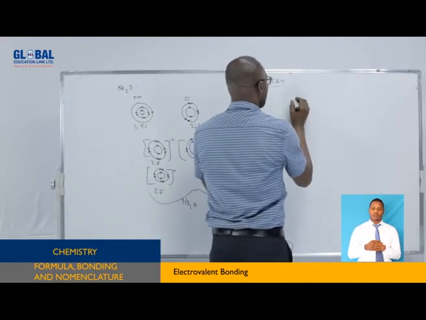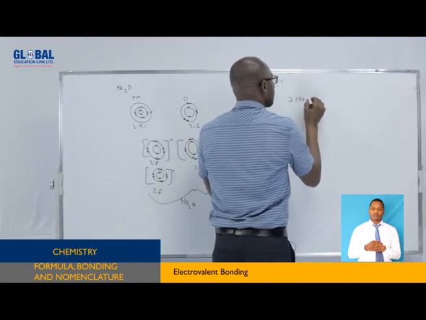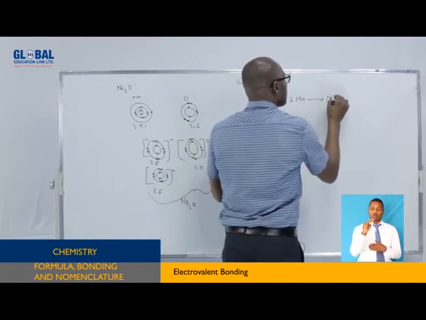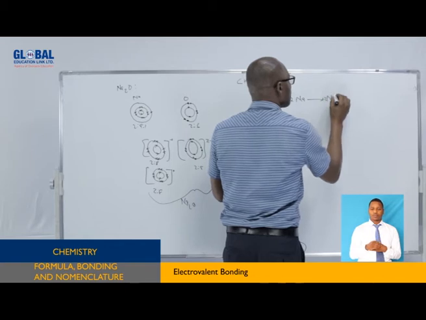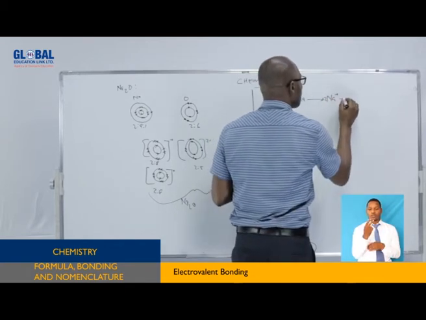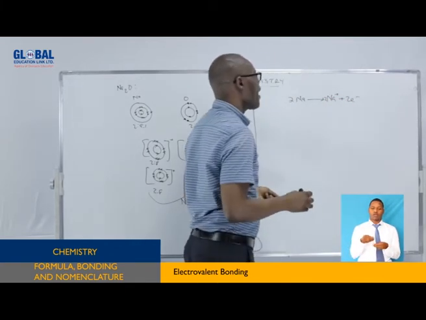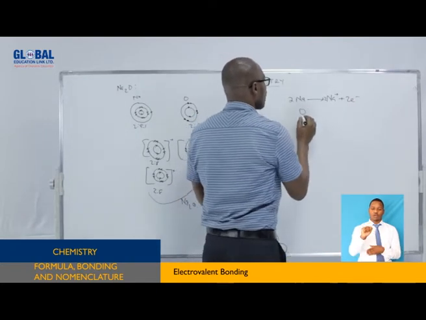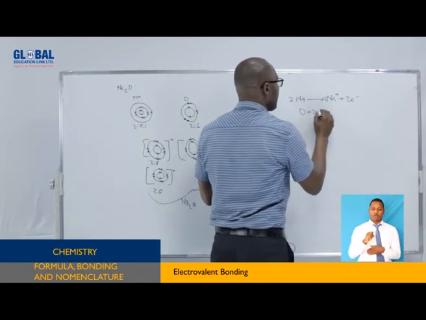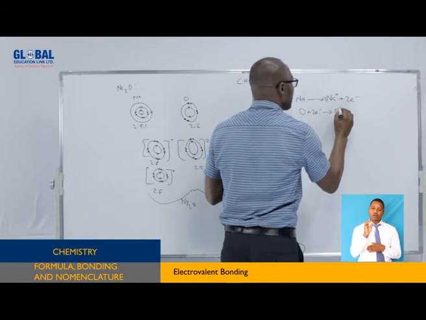So we have 2 sodium atoms losing 2 electrons to give us 2 sodium ions. At the same time, 1 oxygen atom acquires 2 electrons to give us an oxide ion.